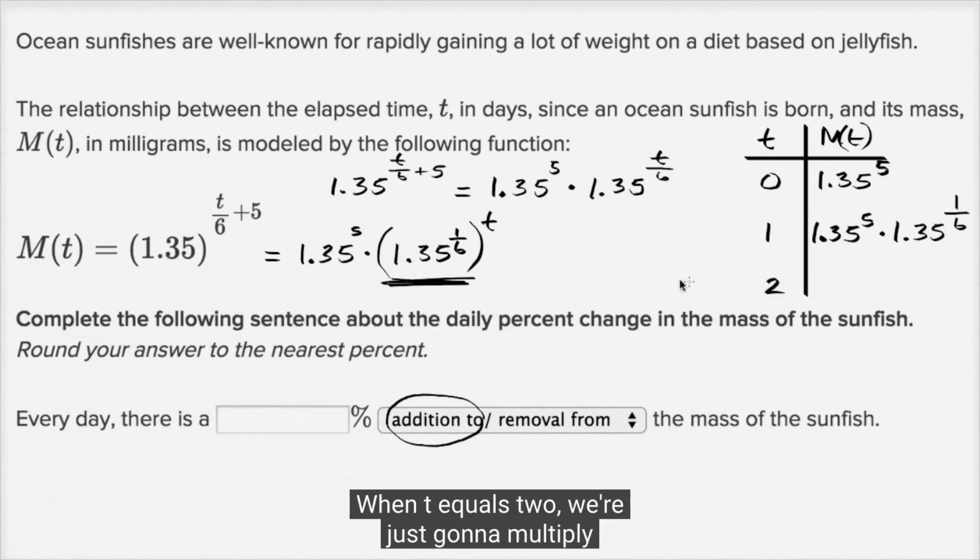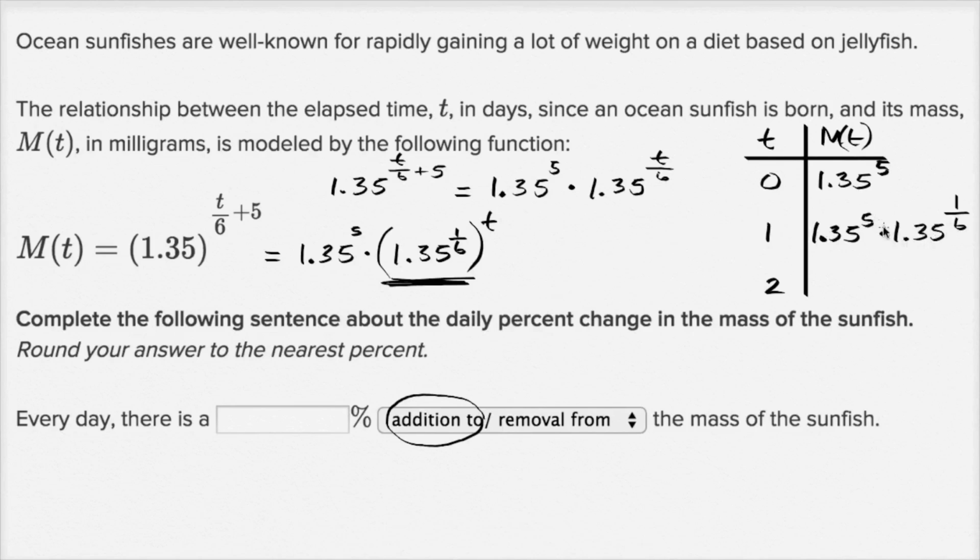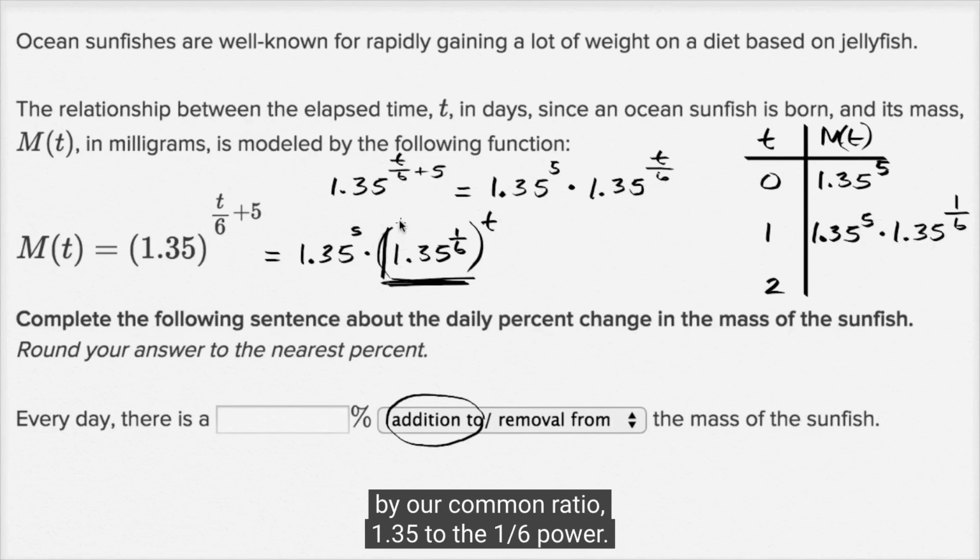When t equals 2, we're just going to multiply what we had at t equals 1 times 1.35 to the 1/6 again. And so every day we're growing by our common ratio, 1.35 to the 1/6 power.